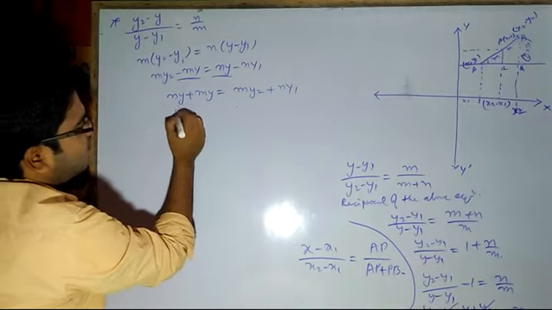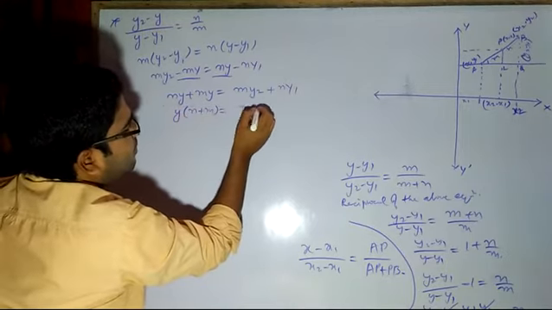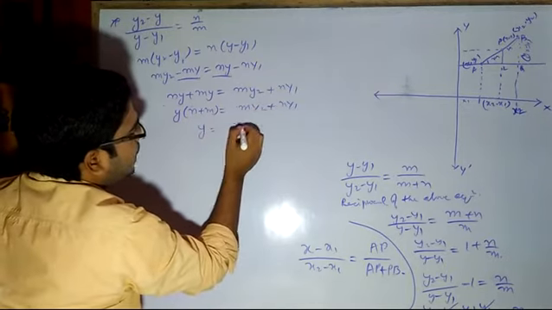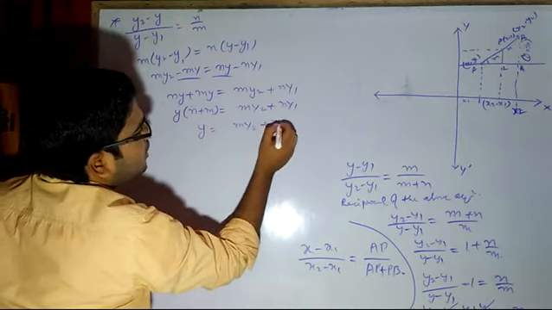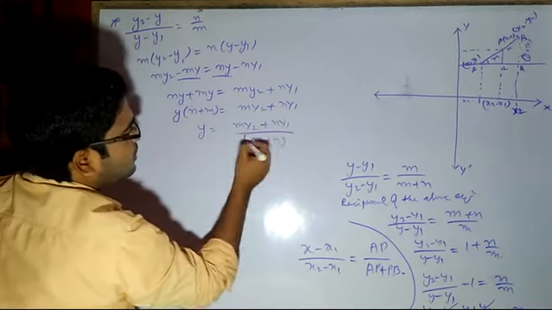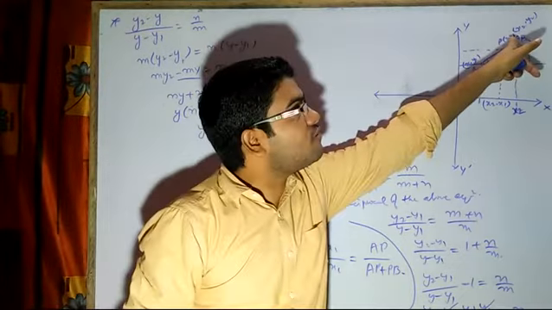Now here y is common, I will get (n plus m) y is equal to m y2 plus n y1. So y will be equal to (m y2 plus n y1) upon (m plus n), or (n plus m). So by this formula you will get the coordinate.